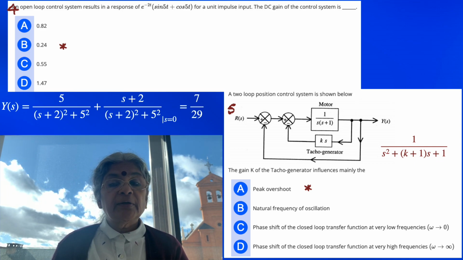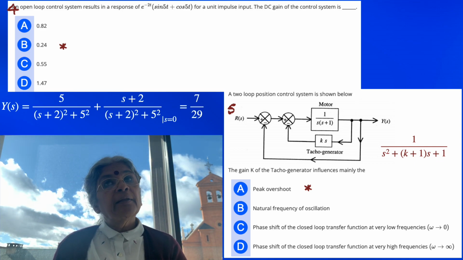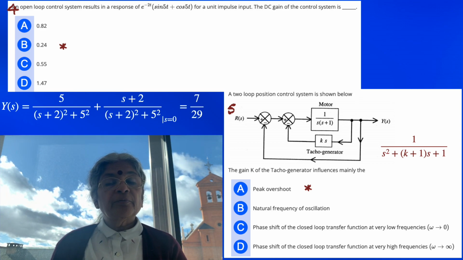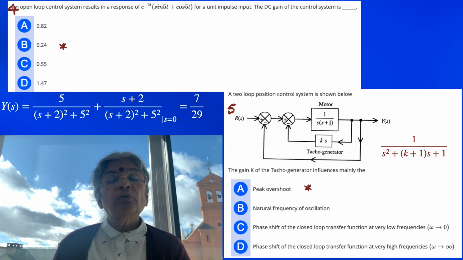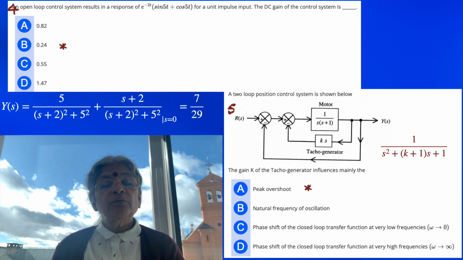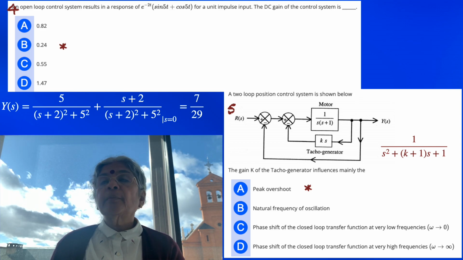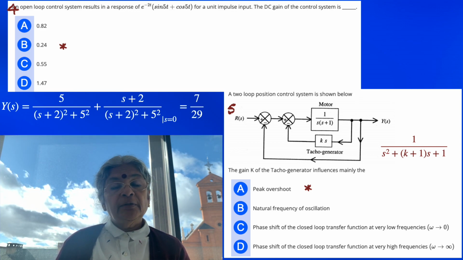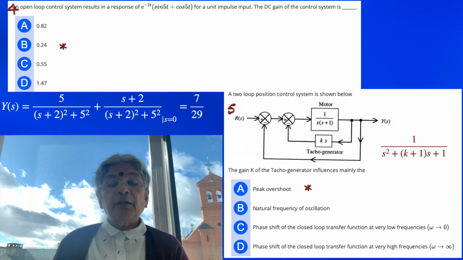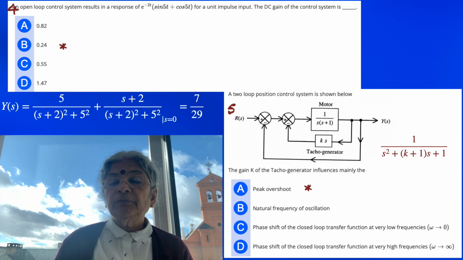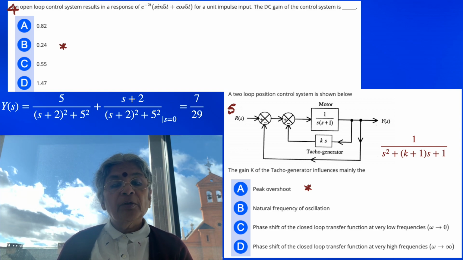Once that is done, when you set s equal to 0, it's going to be 5 by 29 plus 2 by 29, or 7 by 29. 7 by 29 is more or less near to 7 by 28 or 1 by 4. From amongst the answers, you can of course calculate rigorously, but the answer B is the nearest possible, and that's correct.